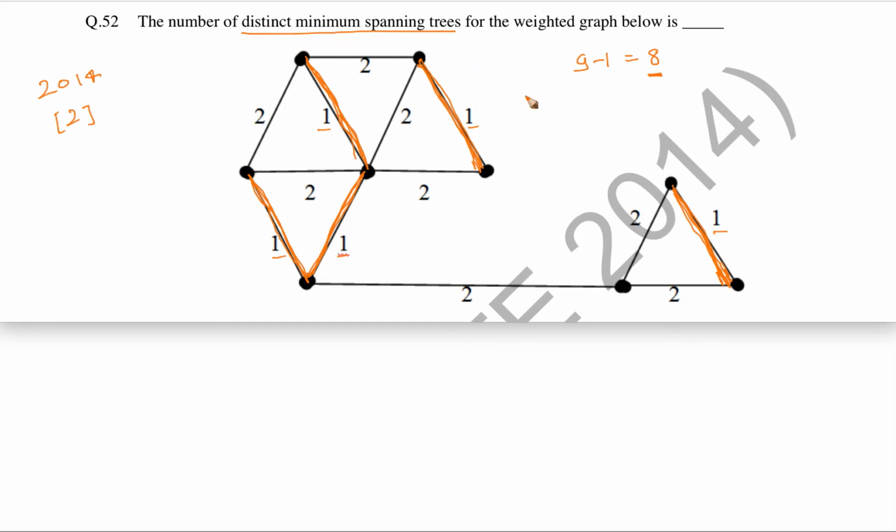In fact, in any spanning tree there will be 8 edges, and the minimum spanning tree is also a spanning tree. Now how many edges have we covered as of now? 2 to 4, 1, 5. 5 edges are there. Obviously there are going to be 3 more edges added to this graph in order to make it a spanning tree.